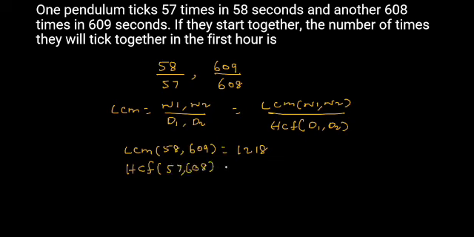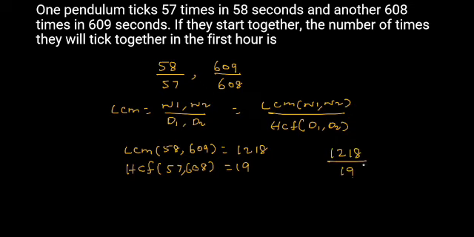Obviously the HCF of 57 and 608 is 19. So the answer is 1218 by 19. The LCM is 1218. That means for every 1218 seconds, it will tick 19 times.